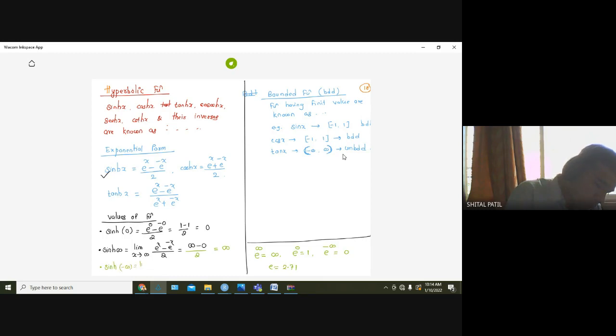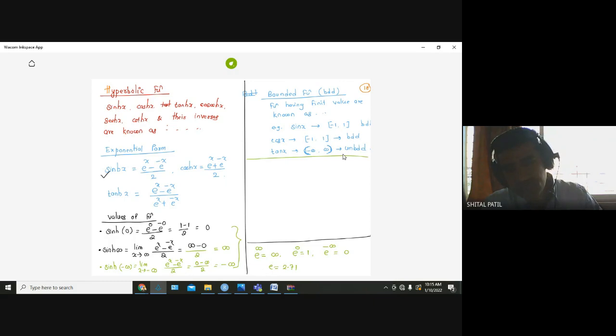Limit x tends to minus infinity of e raised to x minus e raised to minus x, divided by 2. So it will be 0 minus infinity, divided by 2. So it is minus infinity. What is the conclusion from these three values?